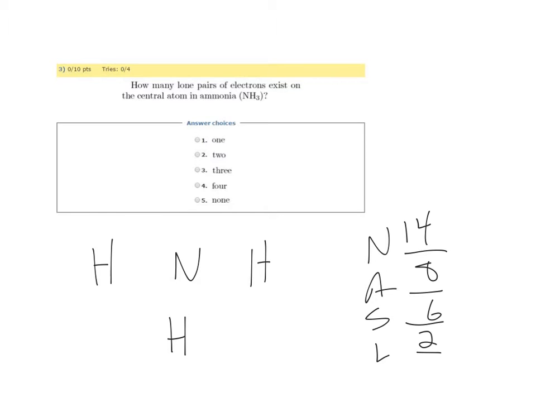So right there, you could actually see that the lone pair number of electrons is 2, which means there's 1 pair. And there's 2 electrons that make 1 pair. You can draw it out if you really wanted to, and you'd see that there is, in fact, 1 lone pair, and it can only be on the central atom since everything else is a hydrogen. Never put dots on a hydrogen.